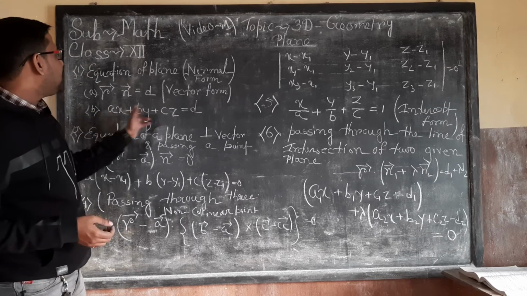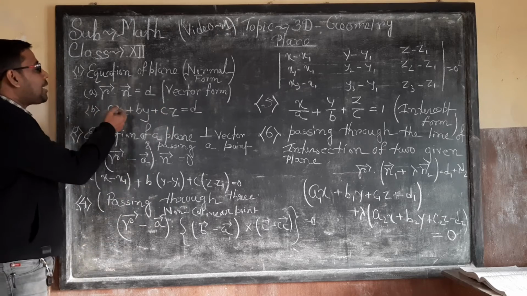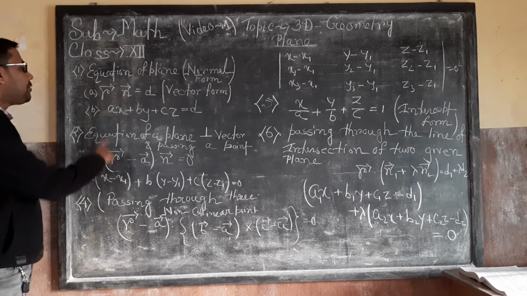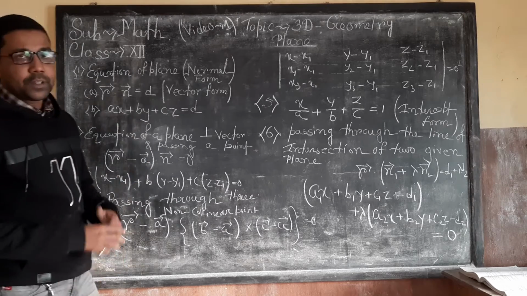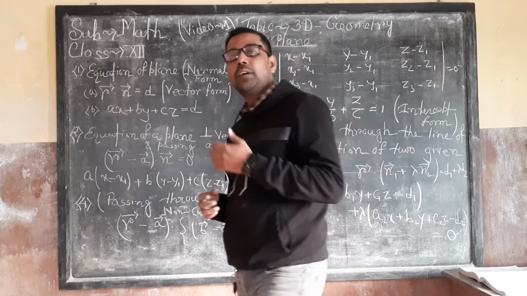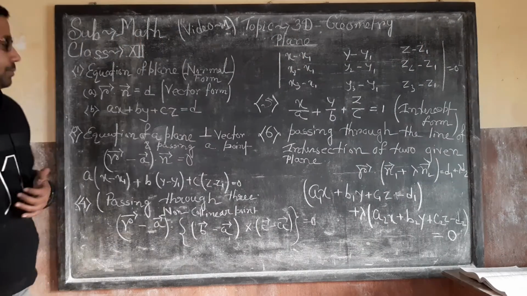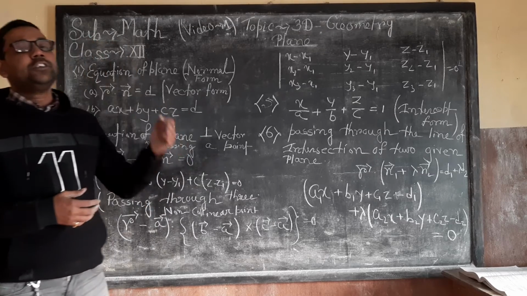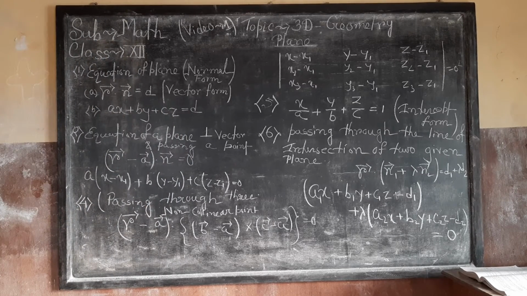And if you consider ax plus by plus cz is equal to d, this time a, b, c is nothing but the direction ratio of this particular normal, and d is the distance between the origin and this plane.